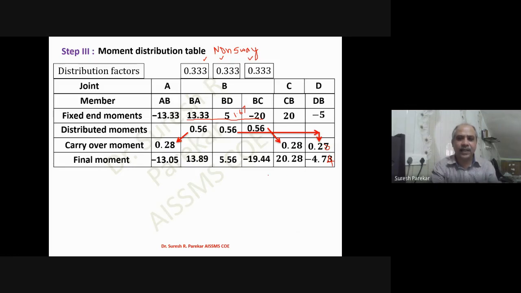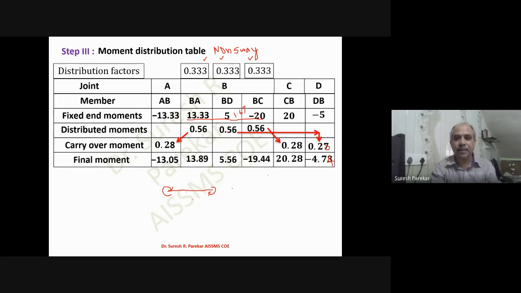Now, how will we plot this? I already told you, you have to take the bending moment, and accordingly we go for it. Now, if I consider AB, I have AB anti-clockwise, so I will plot AB anti-clockwise. BA we have clockwise, so I will plot BA clockwise over here.